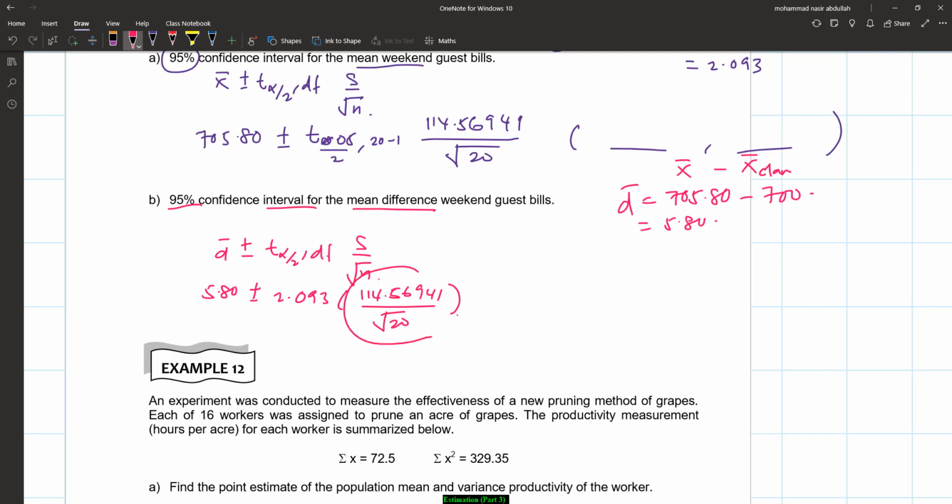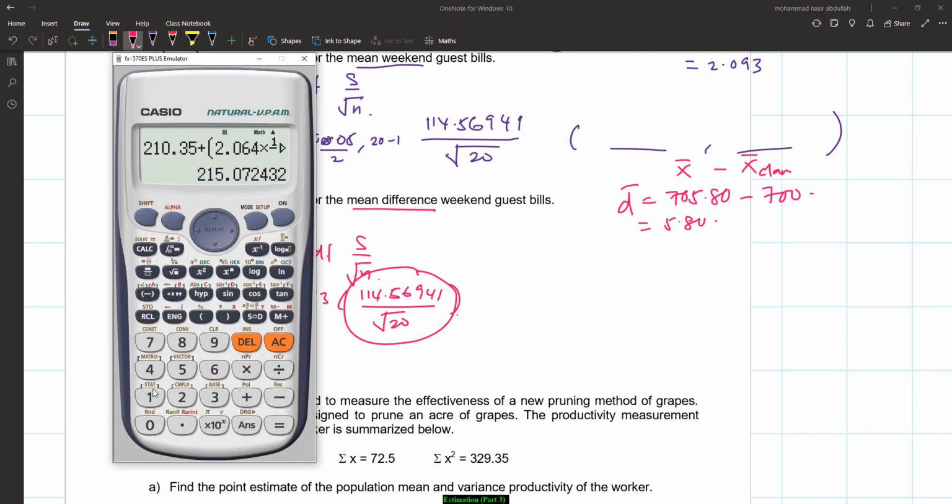But actually this value, let's look here, I put 114.56941 divided by square root of 20. It should be 25.61.